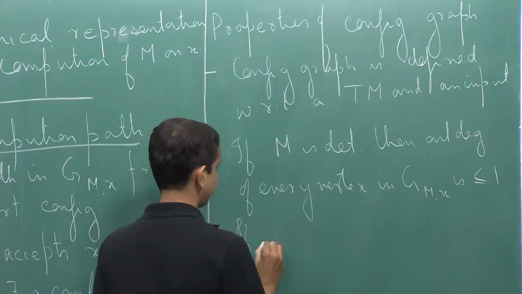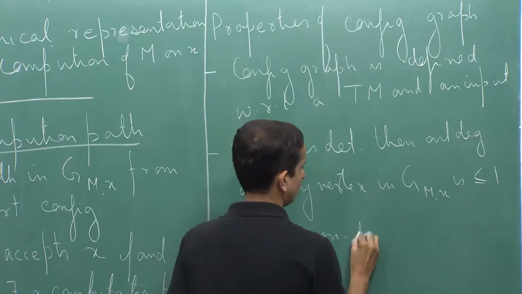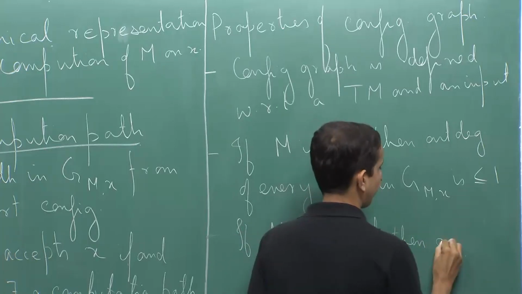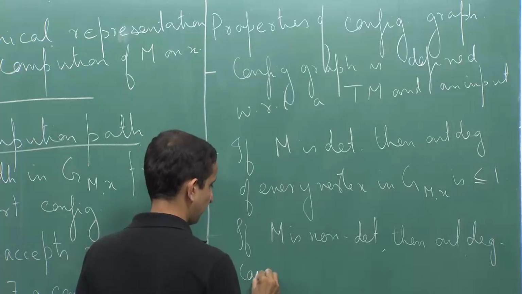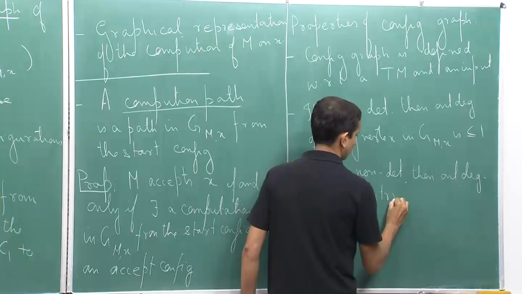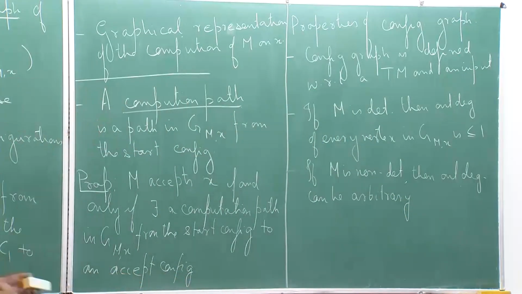If M is non-deterministic, then the out degree can be arbitrary.